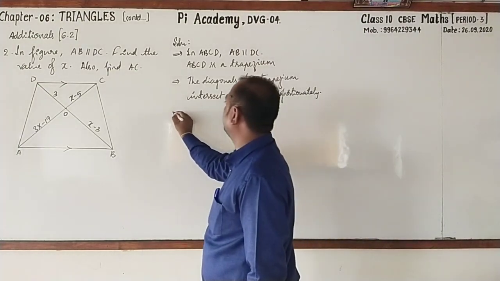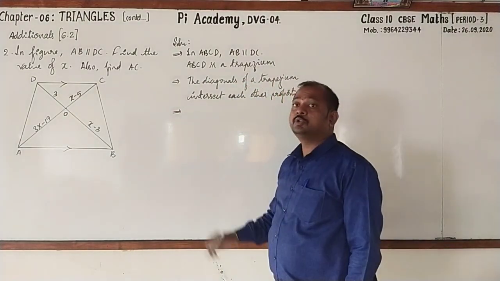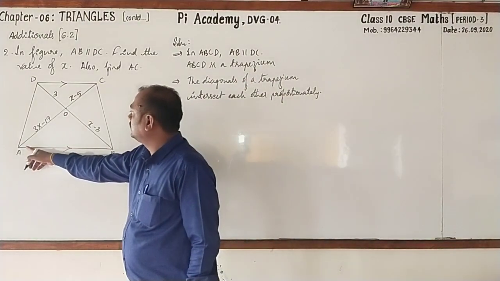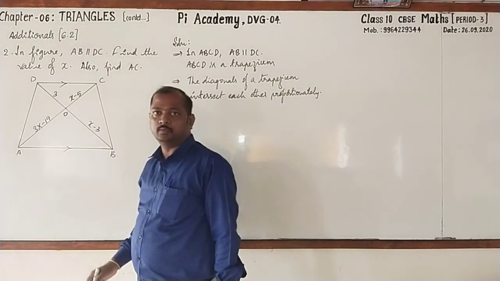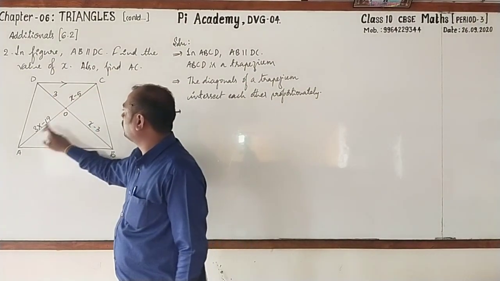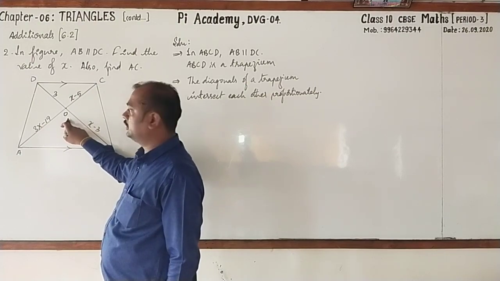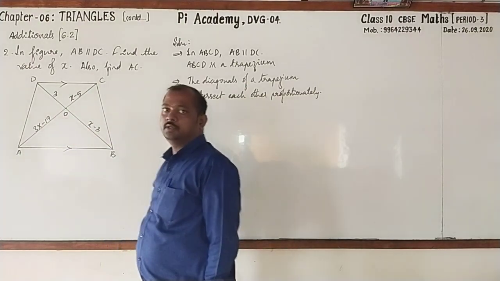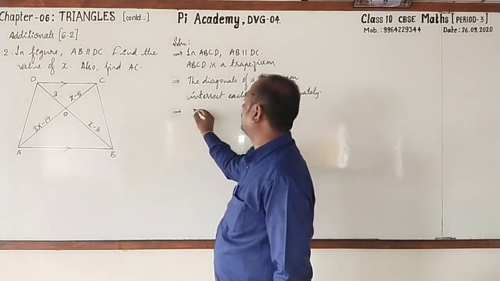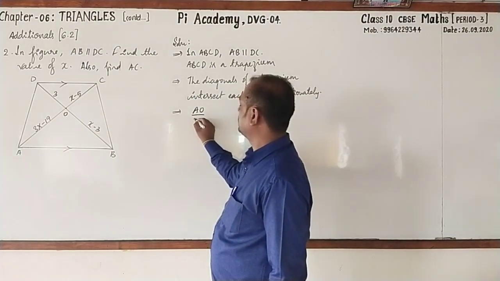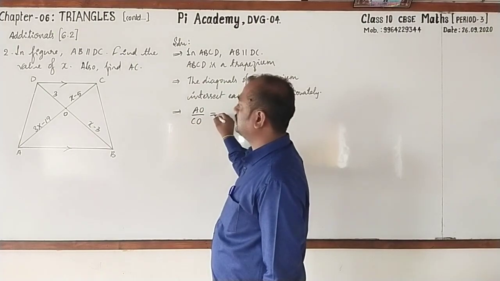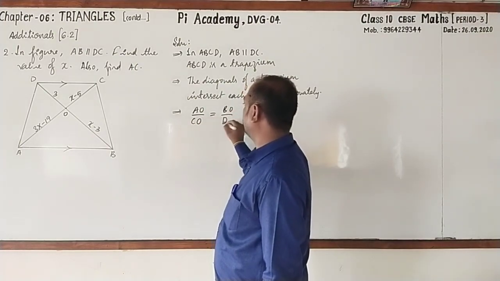Followed? Then, if it is so, how do you write? See that? AO by BO equal to CO by DO, or else AO by CO is equal to BO by DO. Here I'll write AO by CO is equal to BO by DO.